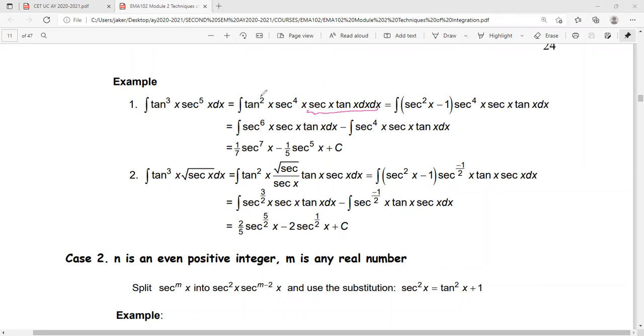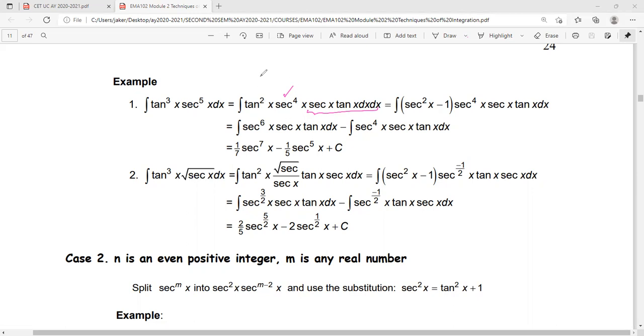So tangent will now be tangent squared x, your original tangent cube of x, and your secant x raised to 5 becomes secant x raised to 4. You don't have any problem with this because it's secant already, and this is its derivative. Your challenge is the tangent, so convert it in terms of secant. That way you will have one secant function.